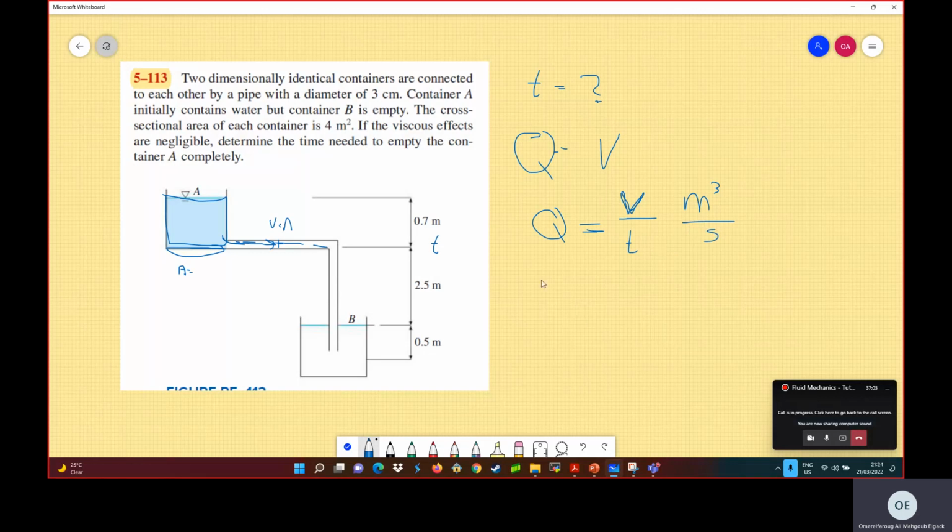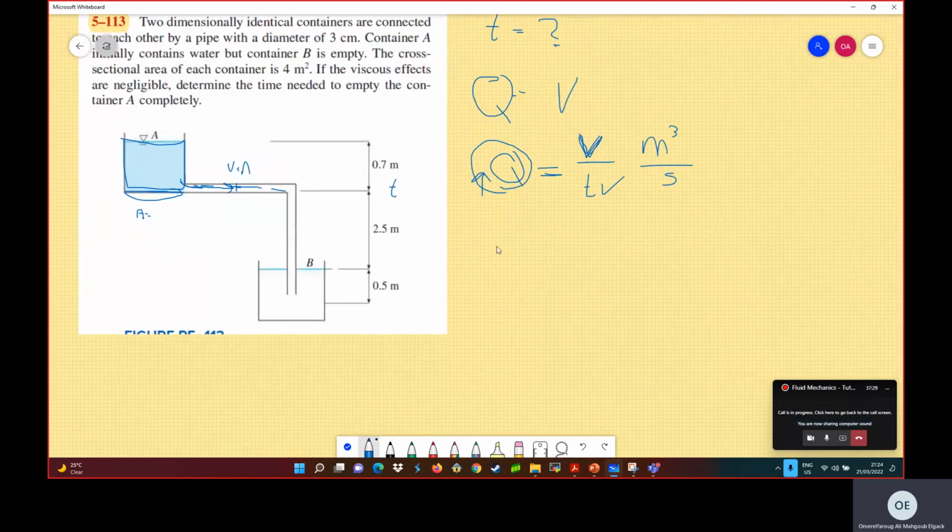So if you are able to find Q, then divide the volume of the tank by that Q, you'll be able to find T, the time. So now we need to find the volumetric flow rate. How can we find it?